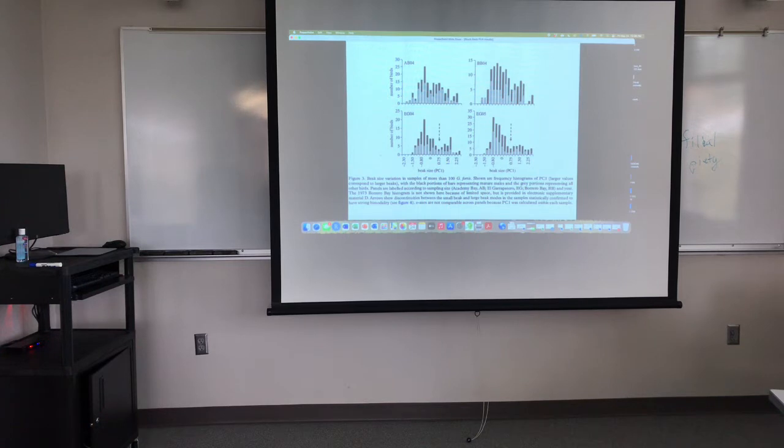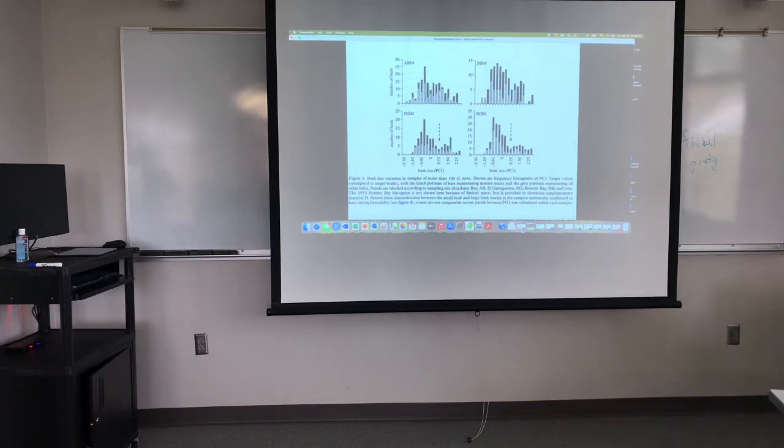Now, size is complicated because is the beak long? Is the beak deep? Is the beak wide? Those are all aspects of size. And shape, yes. So you can have short pointy beaks, you can have long pointy beaks, you can have short stout beaks, you can have long stout beaks. So size and shape are both aspects of a bird's beak.